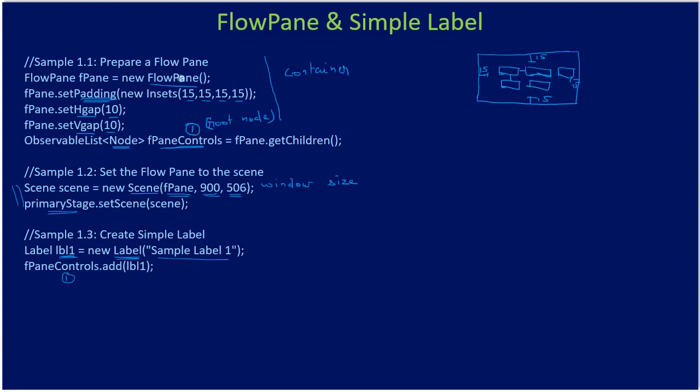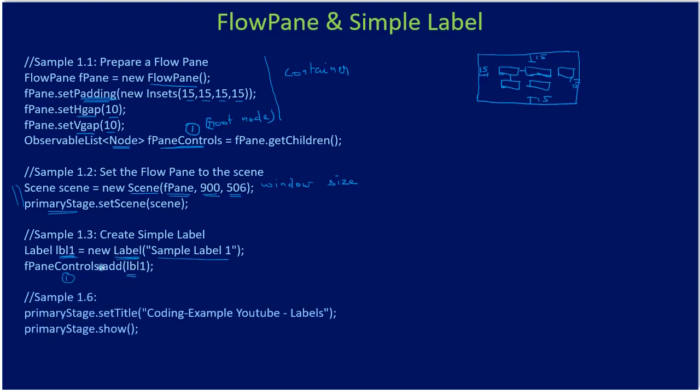On the FlowPane we call getChildren, and we add one child right now, and that is the label. The label is the UI element, and that node is added to the FlowPane, the FlowPane is given to the scene, and the scene is given to the stage. That's how we are establishing the relation here.